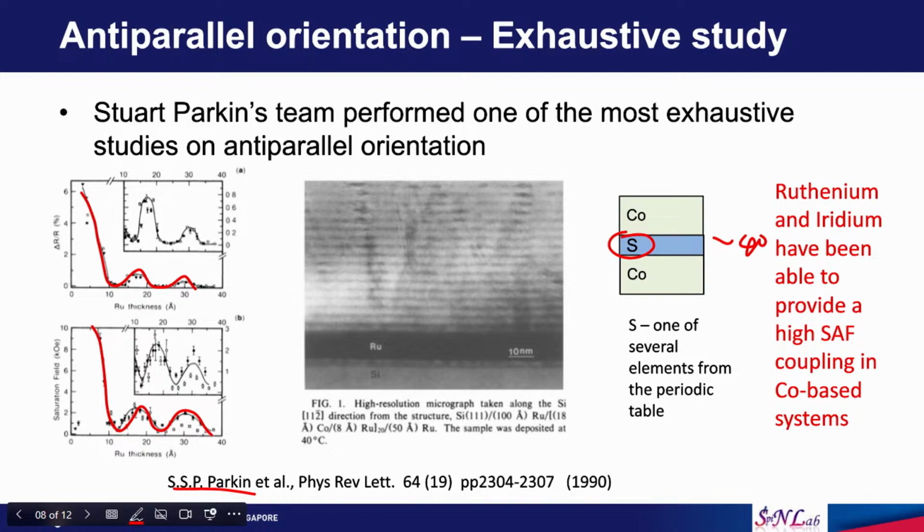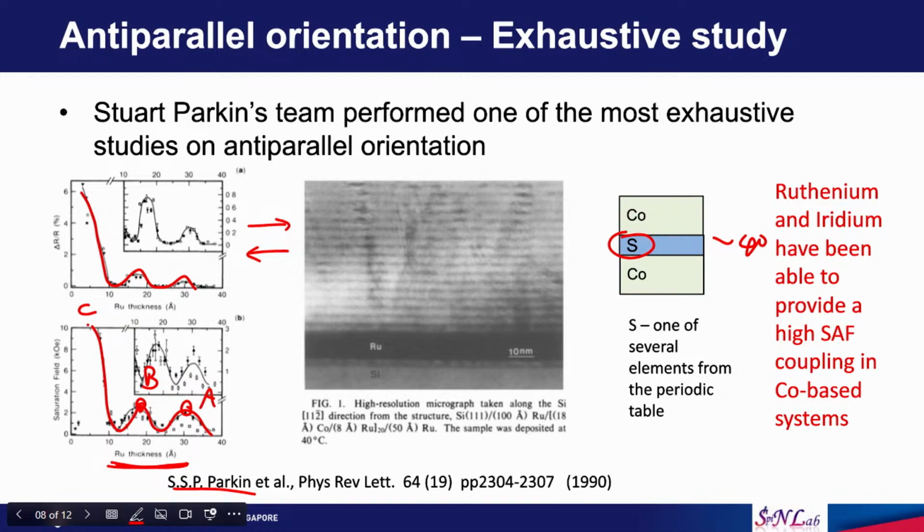Okay. So, you can notice that when the ruthenium thickness is varied, the saturation field is oscillating. So, what it means is that for some thickness, for example, let us say this A, B and C, you will have anti-parallel alignment of magnetic moments between the two cobalt layers.